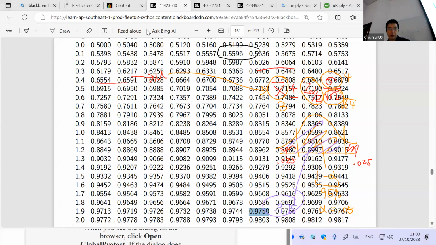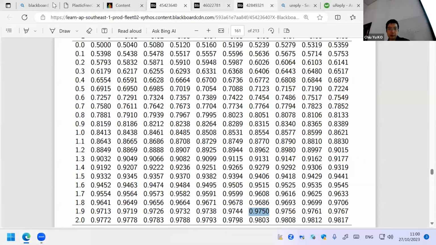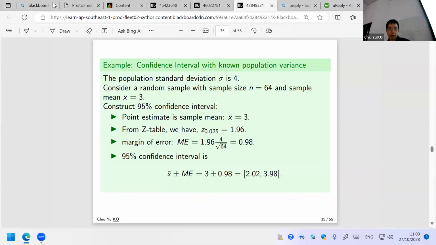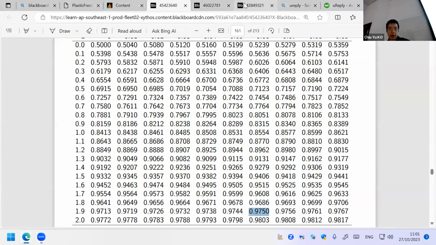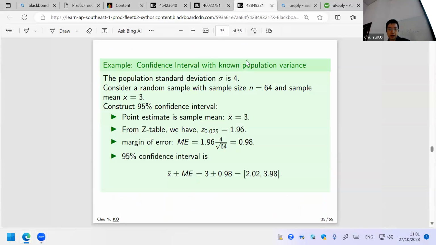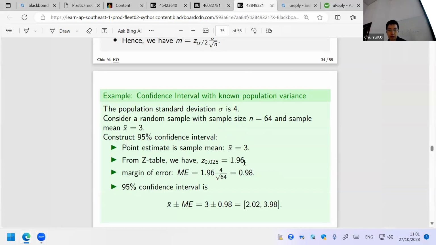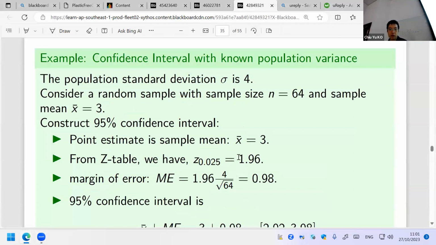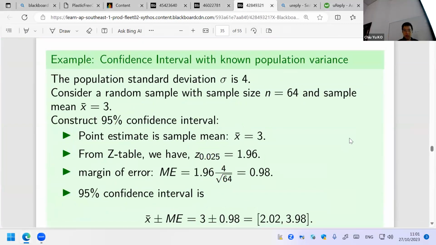So 1.96. And probably you would ask how to do it in Excel. We have here 0.975.